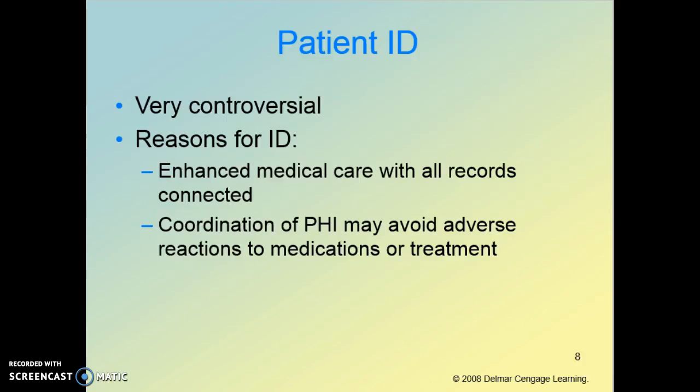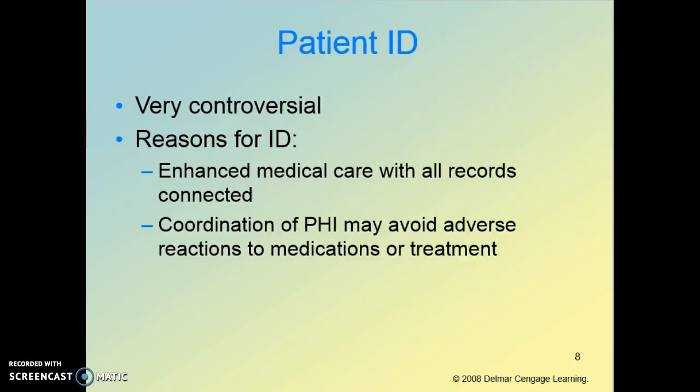Now, there's some controversy around this. You may have noticed previously on my cards, we used our social security number. So everybody had their health plan ID as the company identifier, and then our patient ID was our social. But they have moved away from that. We're no longer using that as the identifier.